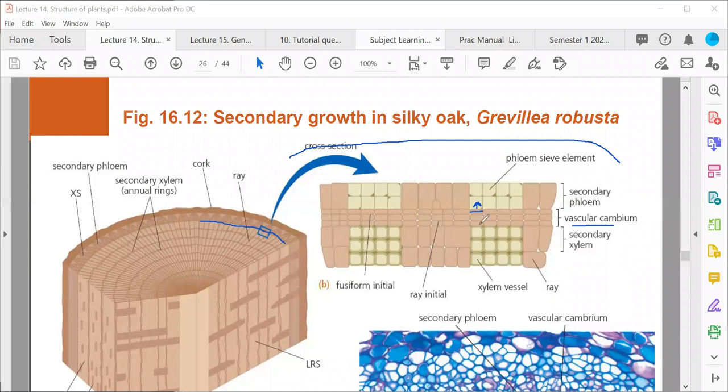Let's take this vascular cambium cell now. It will divide, and this new cell here will form a cell towards the inside of the stem, and it will form a secondary xylem cell. This resulting cell here remains part of the vascular cambium, so it remains undifferentiated. All right, and this type of cell division will enable stems to get wider.